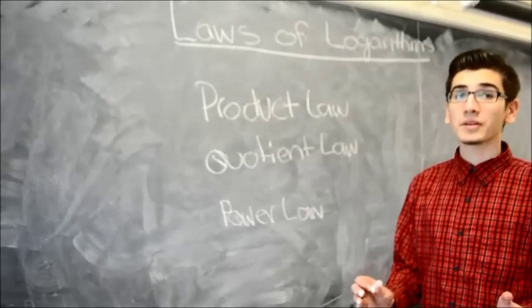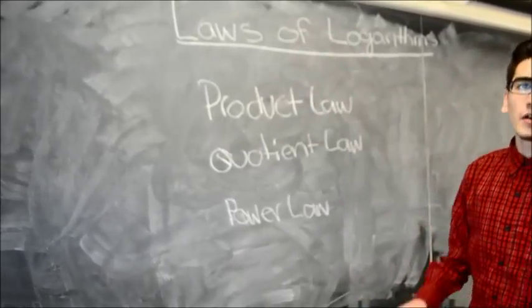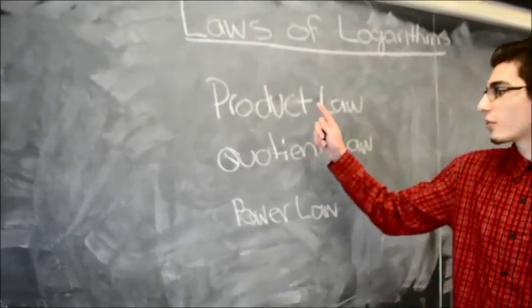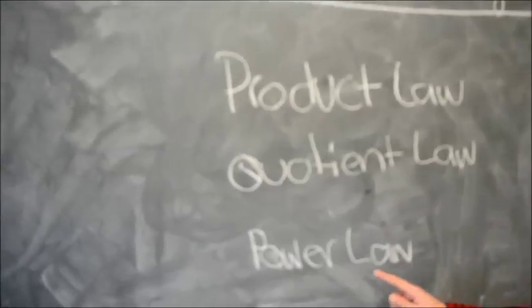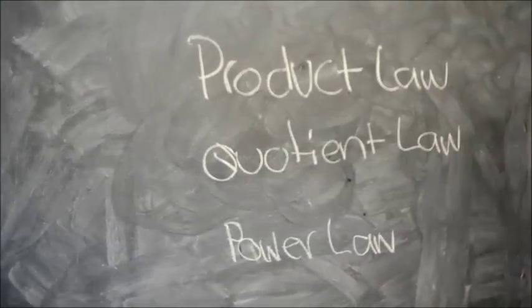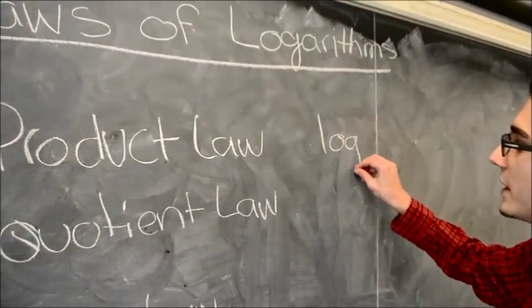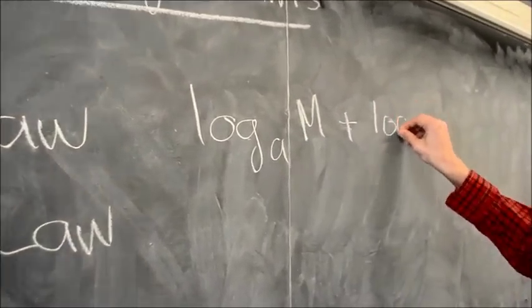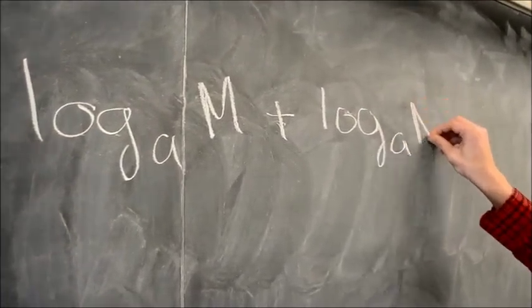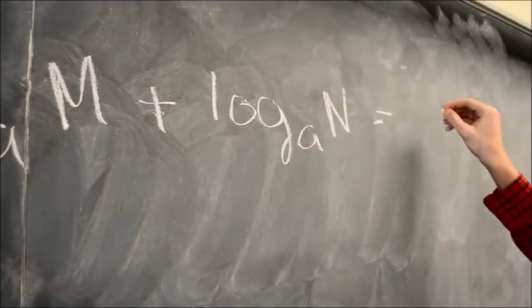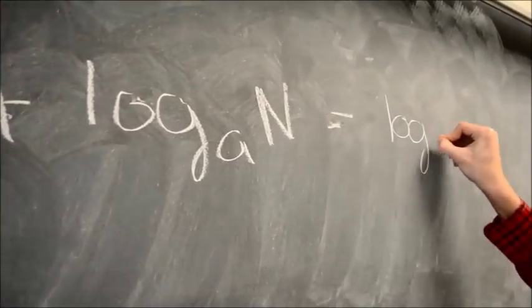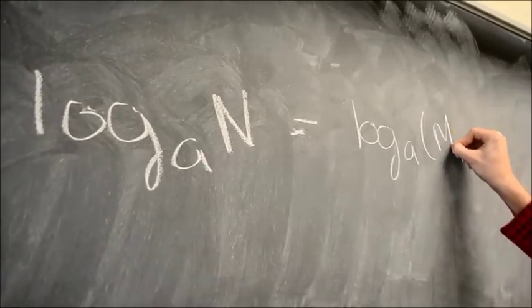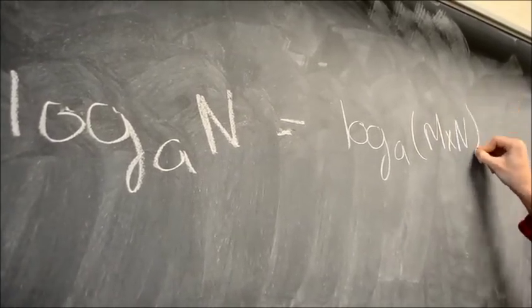Okay, today we're going to be doing laws of logarithm. There are 3 laws of logarithm: product law, quotient law, and power law. Product law would be log base a m plus log base a n, and that would equal log base a of m times n.